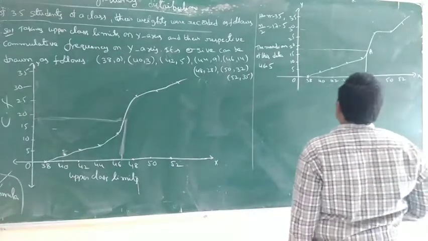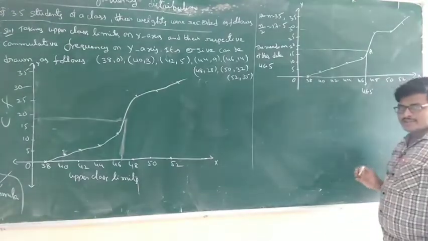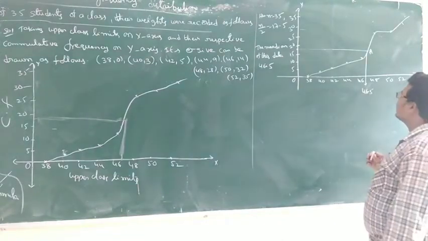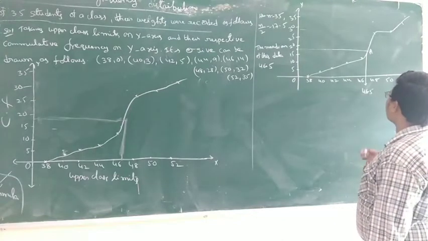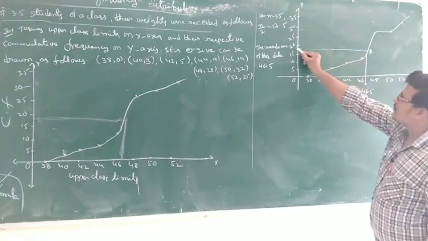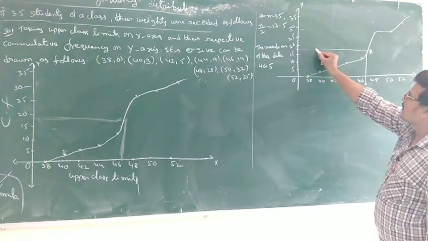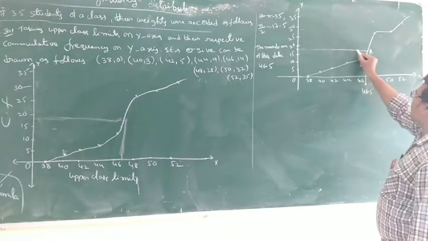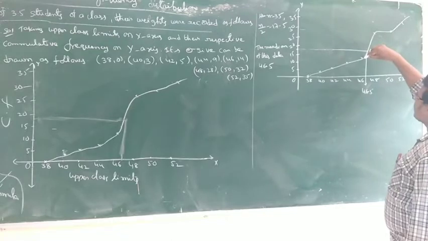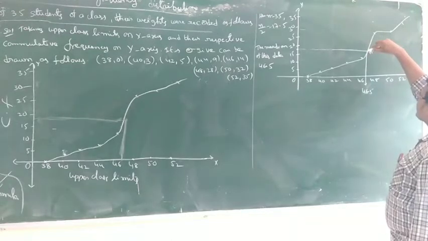How do we decide 46.5? In the graph, this is 17.5, nearly. 17.5, this is 46, this is 14, 15, 16, 17 point something.